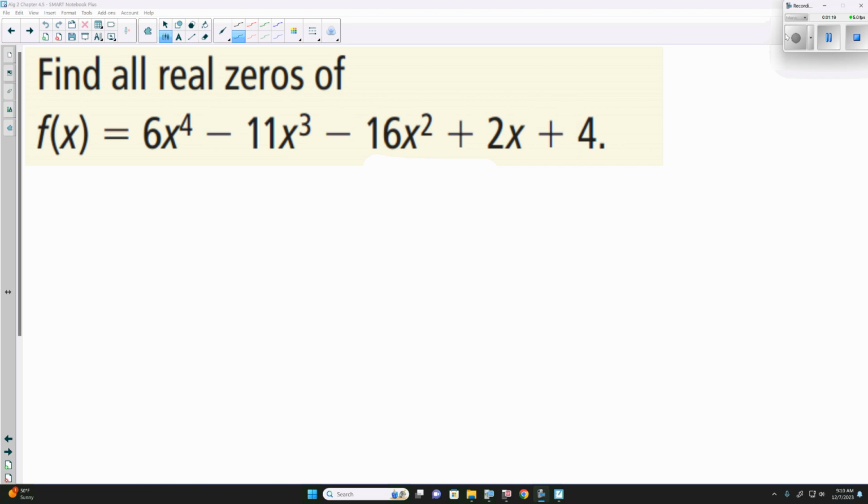What would be even better is if we get 3, because if we get 3, we're down to just linear terms, something like 2x plus 4 is equal to 0. Those are easier to solve.